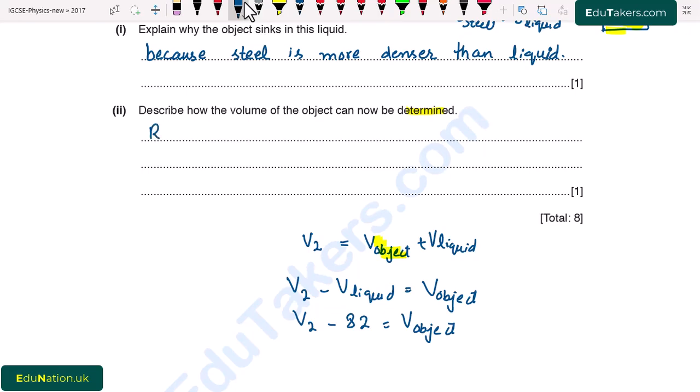So I write here, record new reading of volume, say V2, when object was added.